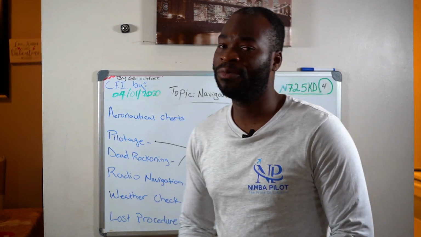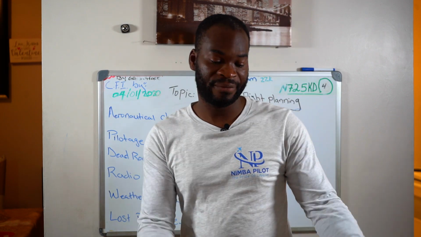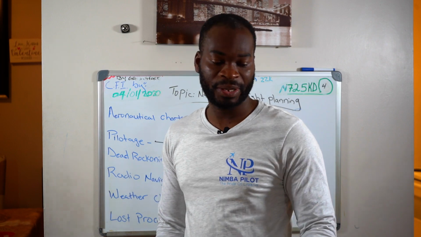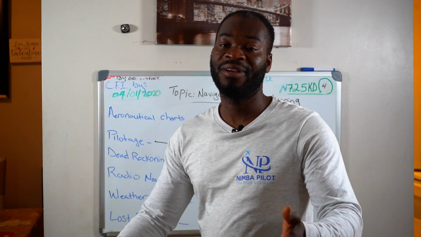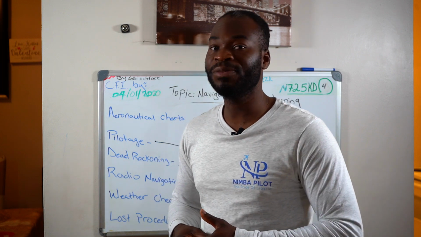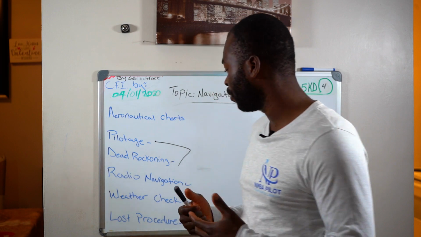Ground-based radio navigation would be such as the NDB and the VOR. We have a receiver in the aircraft and we have the ground-based equipment on the ground, of course. And now our satellite-based navigation would be GPS. All of these send us radio waves to help us navigate.